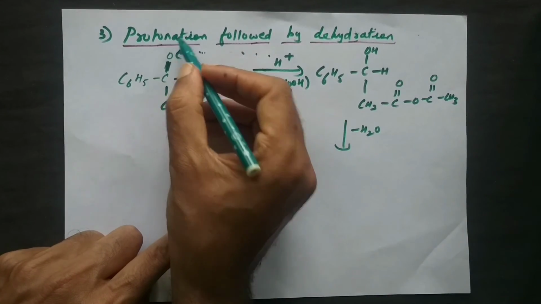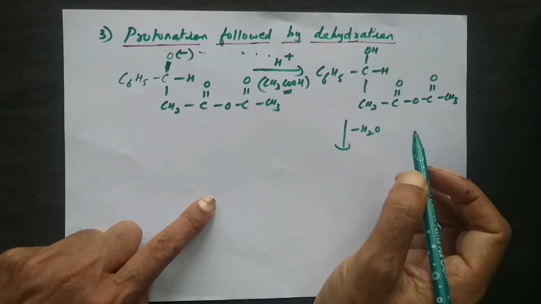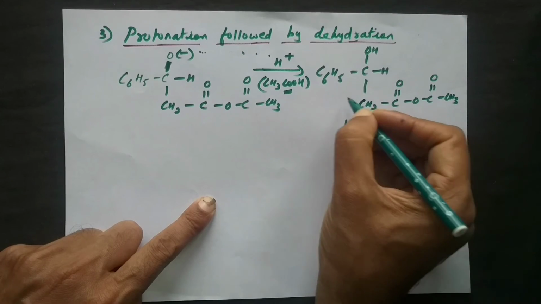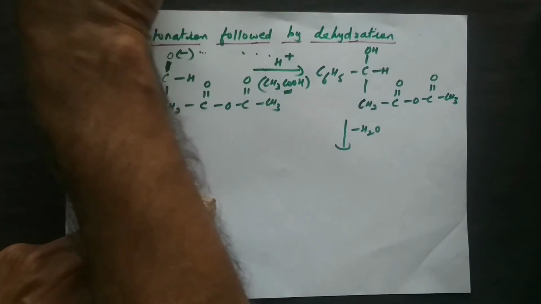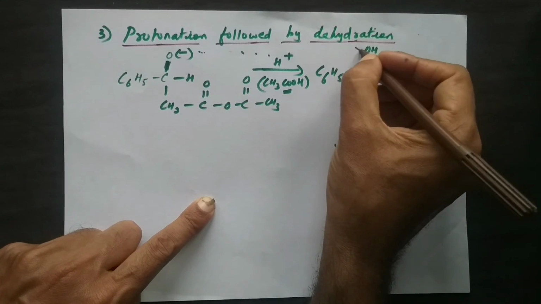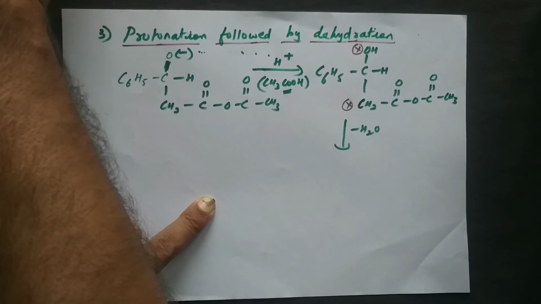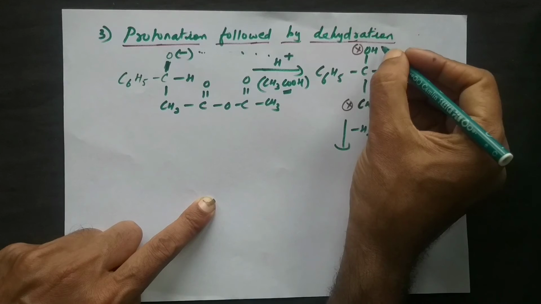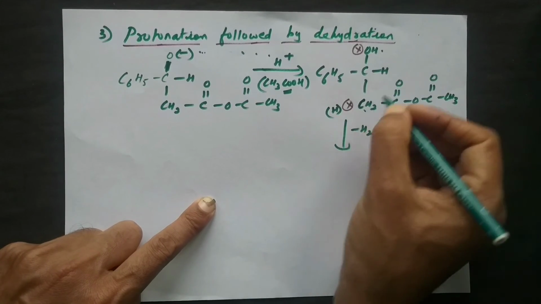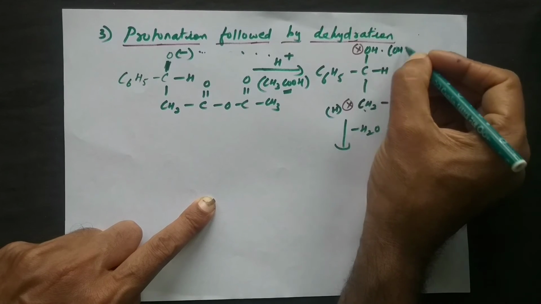Dehydration will take place from these two carbons. I'll mark here: OH from this carbon, and one hydrogen from the other carbon. I will write in the bracket one hydrogen from this carbon, and from here the OH will be removed.